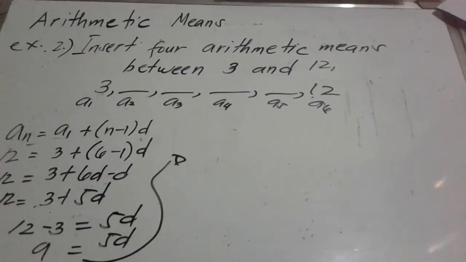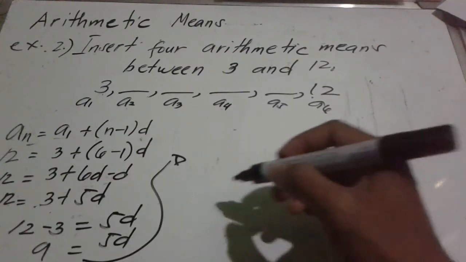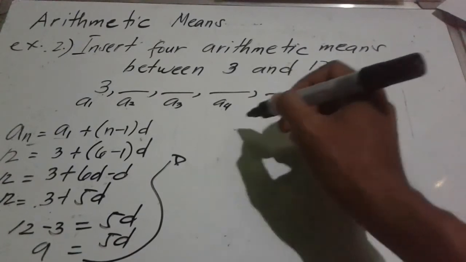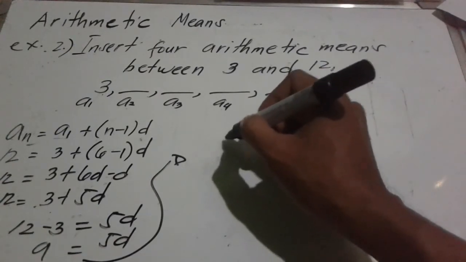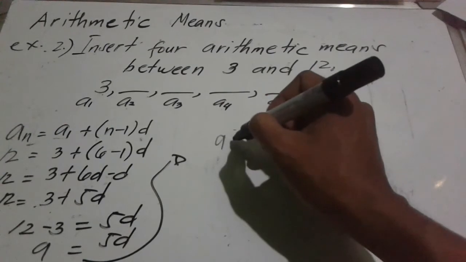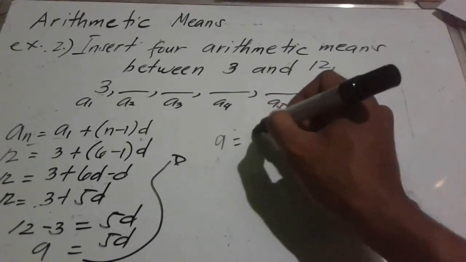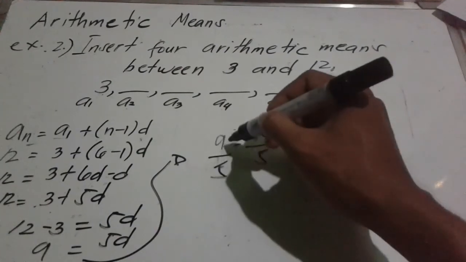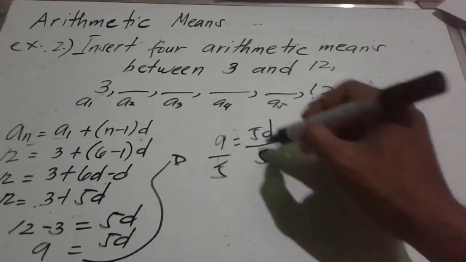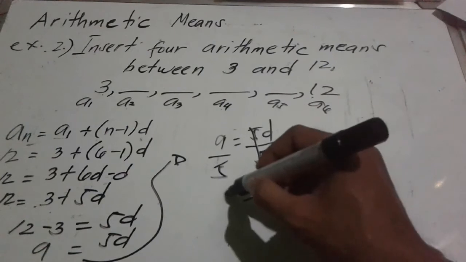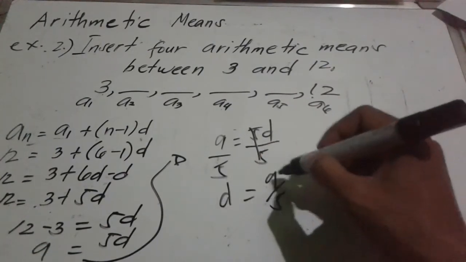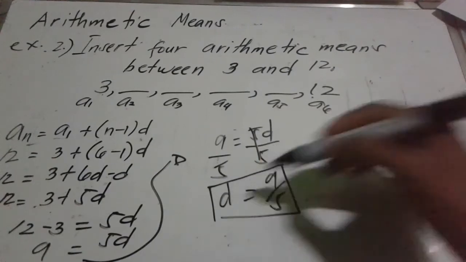Next, the division property of equality. Divide by 5d, so we cancel the 5. D is equal to 9 over 5. This is our common difference.